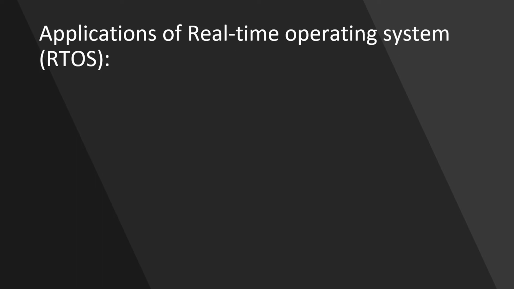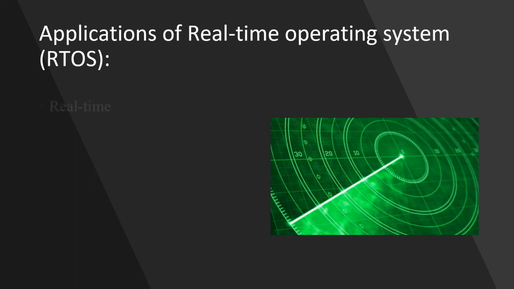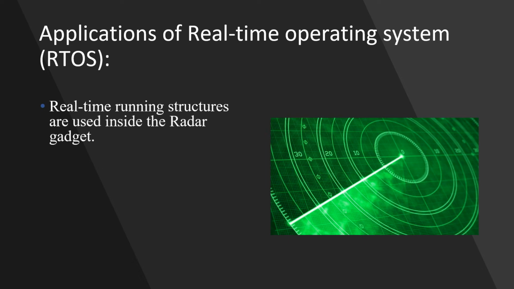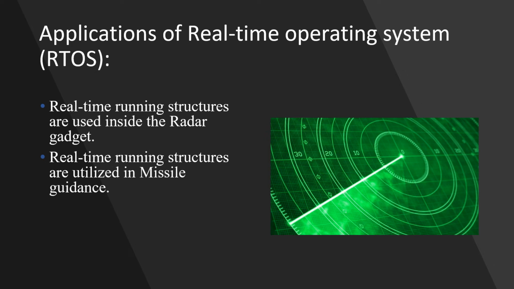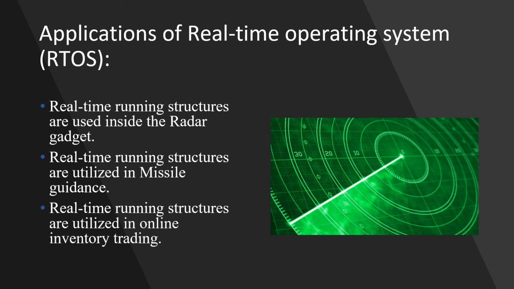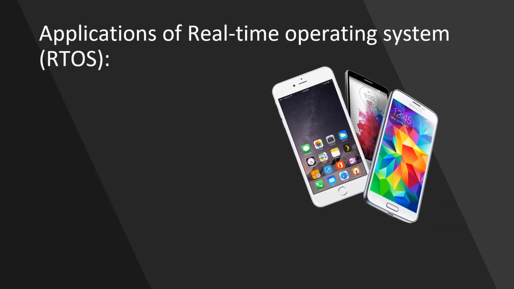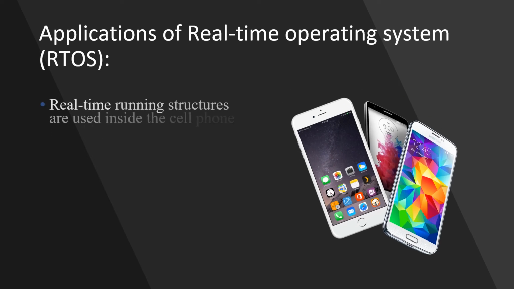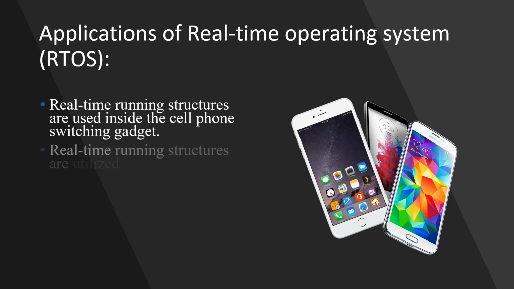Applications of real-time operating system. Real-time operating systems are used inside the radar gadget. They are utilized in missile guidance, in online inventory trading, and in the cell phone switching gadget.